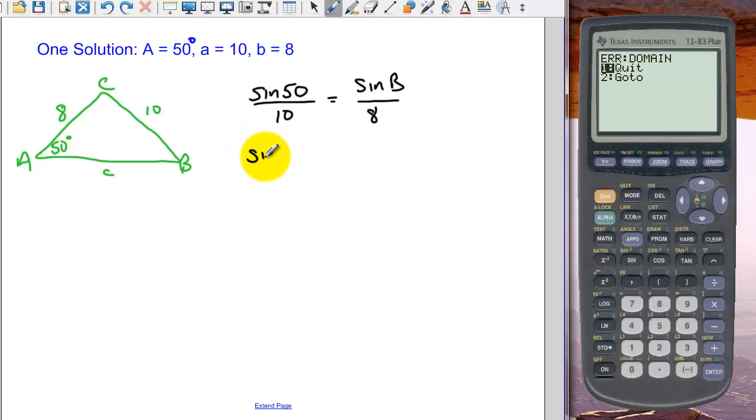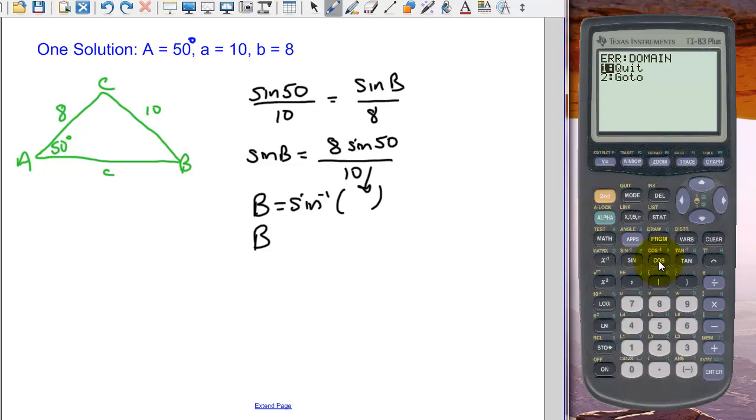Again, we're going to multiply by 8. So we get the sine of B. Let me reverse these sides. 8 times the sine of 50 over 10. And we take our inverse sine of that ratio here.